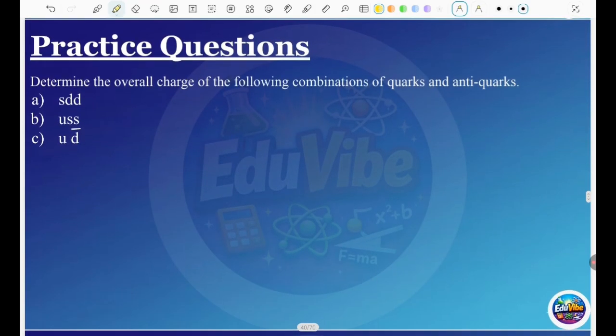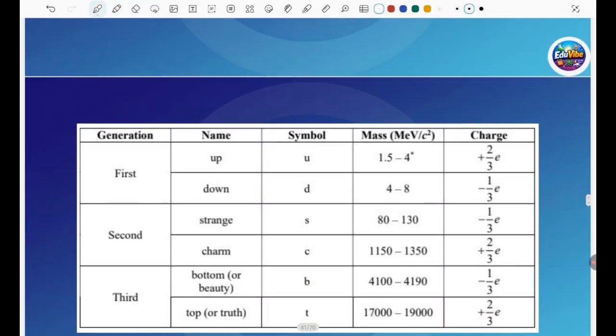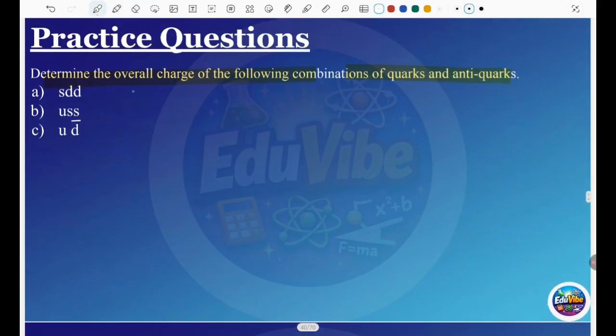Now we have the last practical question of this topic, from the quarks section, which is very important. Determine the overall charge of the following combinations of quarks and antiquarks. You have the table over there, so you can work from here. For the A part, you have SDD.